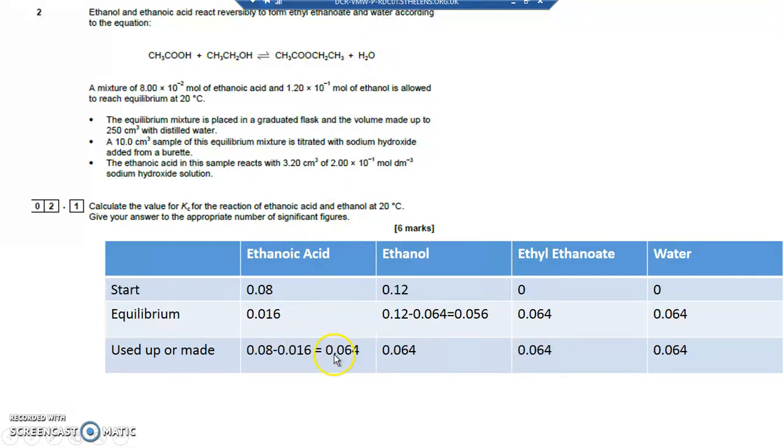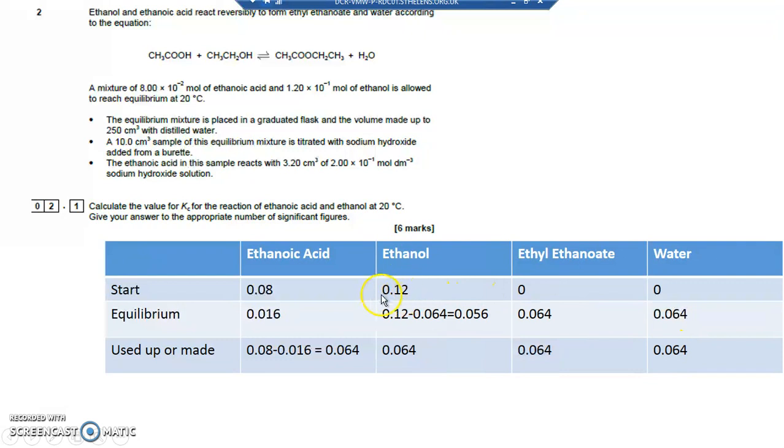So if I've used up 0.064 moles of ethanoic acid, I must have used up 0.064 moles of ethanol, and I must have made 0.064 moles of ethyl ethanoate and 0.064 moles of water.